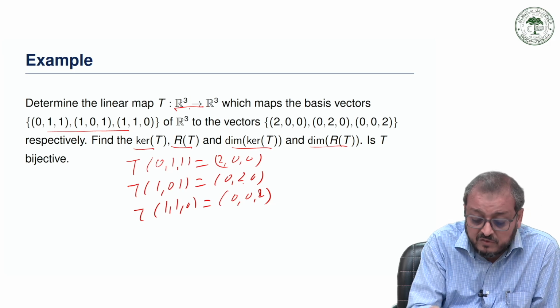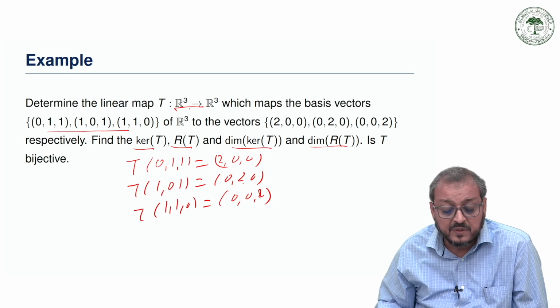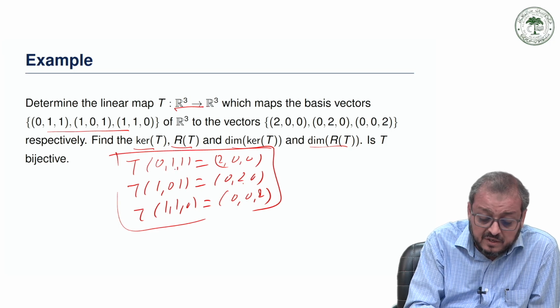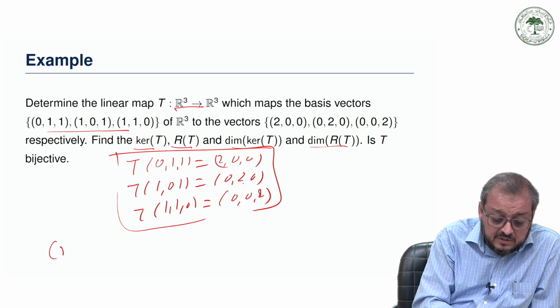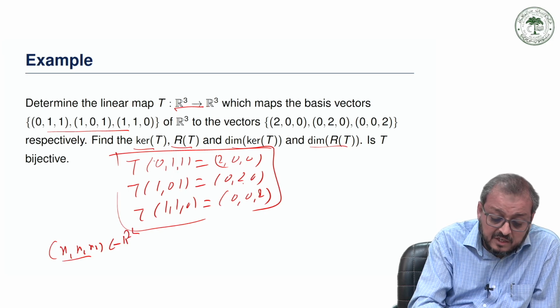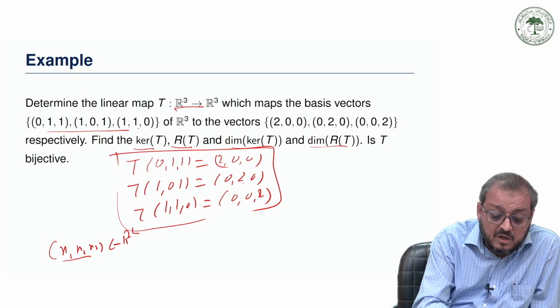We can choose any arbitrary vector and directly solve this. Any vector (x1, x2, x3) in R3 can be written as a finite linear combination of the vectors of this basis.